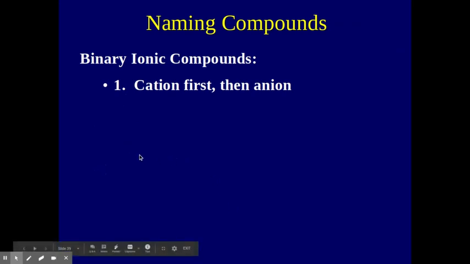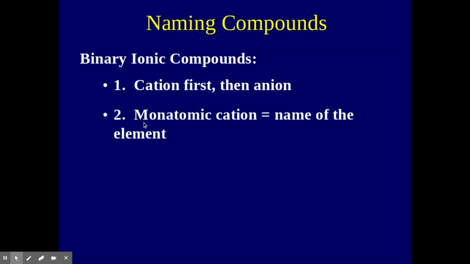All right. Now, a binary ionic compound just has a cation and an anion. So no polyatomics here, just made of 2 things. So like a bicycle has 2 wheels, binary, just 2 ions. In order to name it, you just name the cation, then name the anion. So a monoatomic cation is just the name of the element.